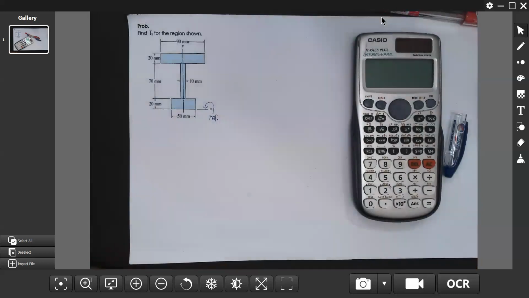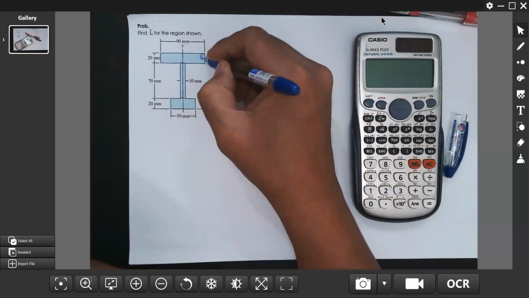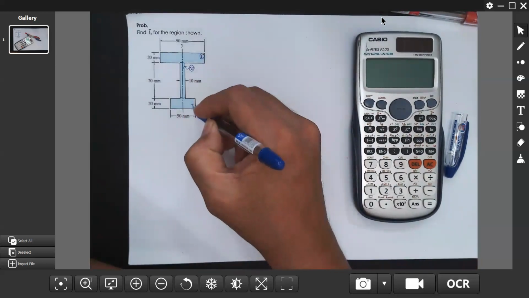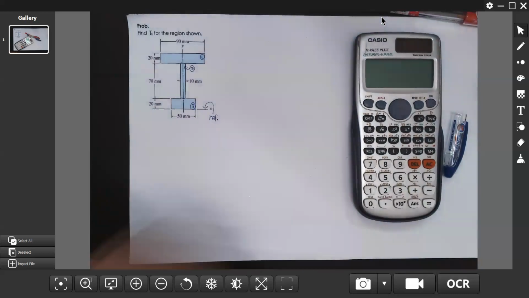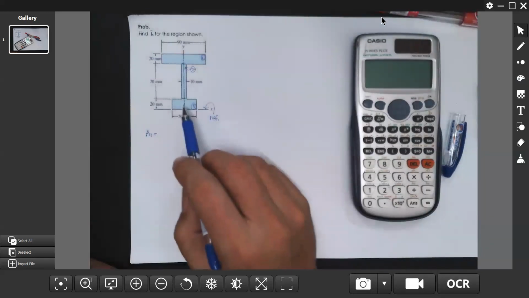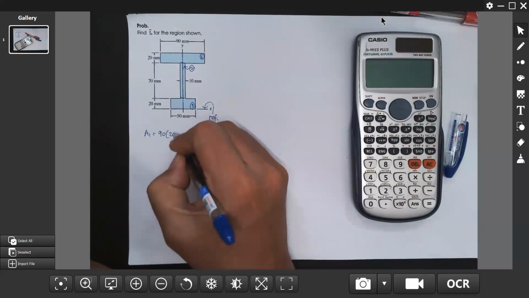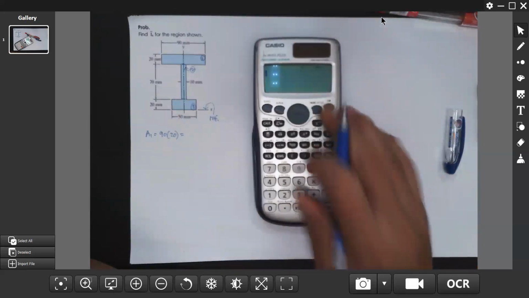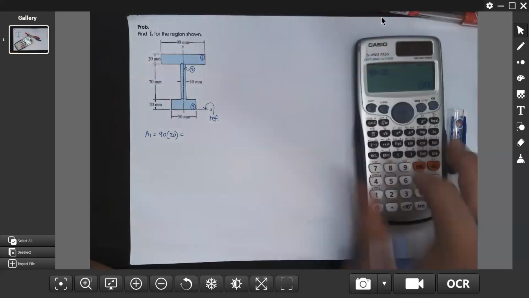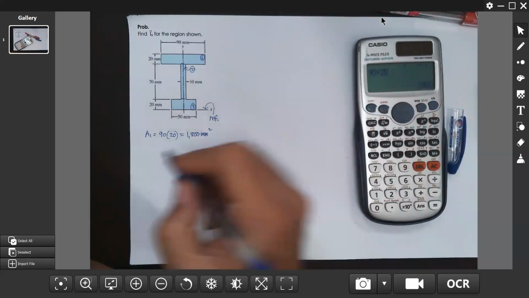Now, this is our element one, element number two, and element number three. Solving for area 1, we have 90 times 20, which is 1,800 millimeter squared.